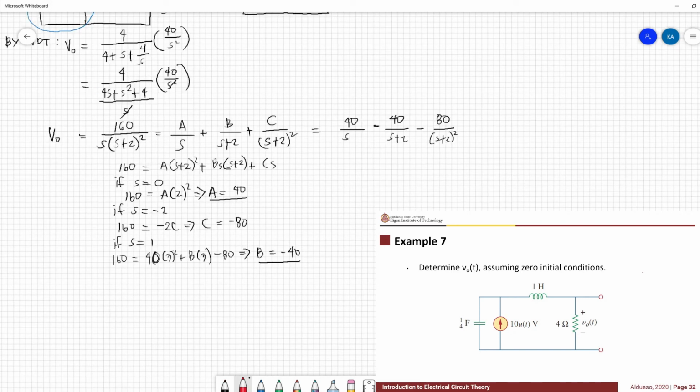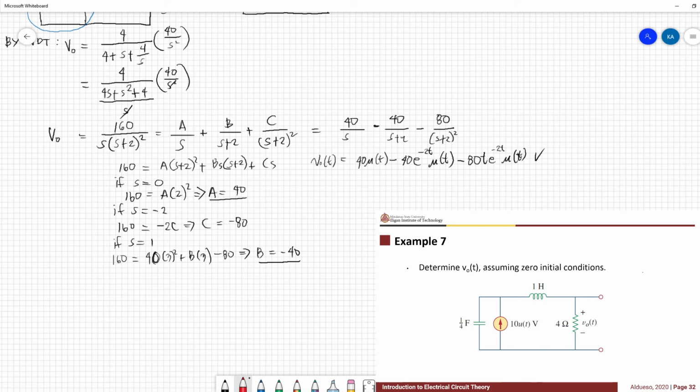Converting this to the time domain, we have 40 u(t) minus 40 e to the negative 2t u(t) minus 80 t e to the negative 2t u(t).